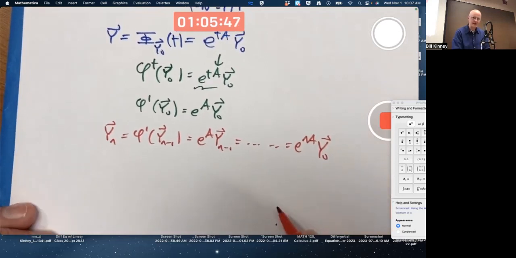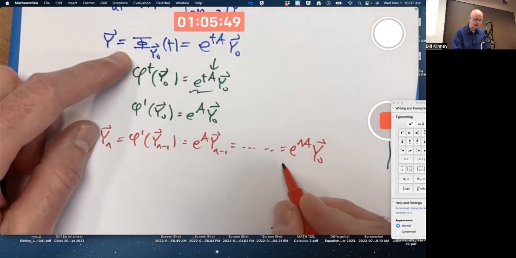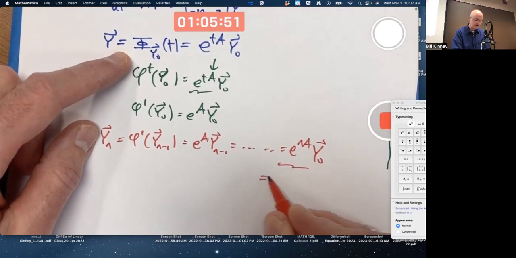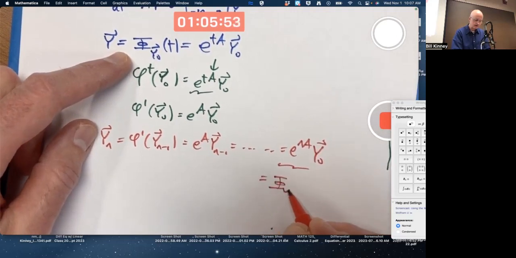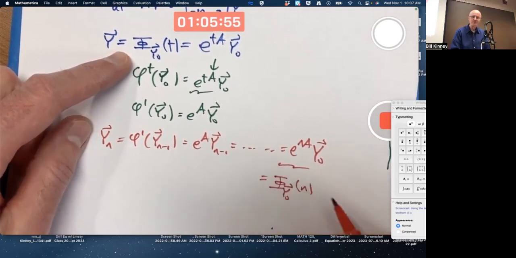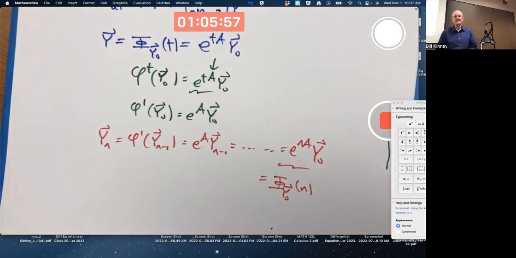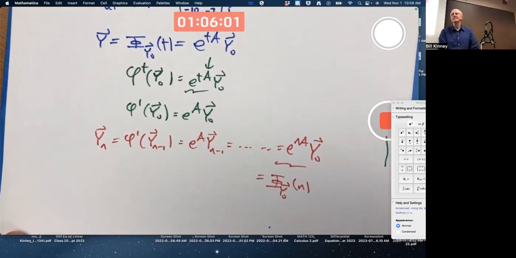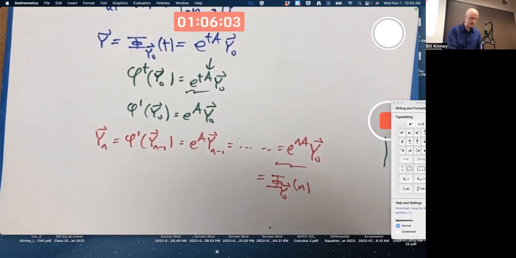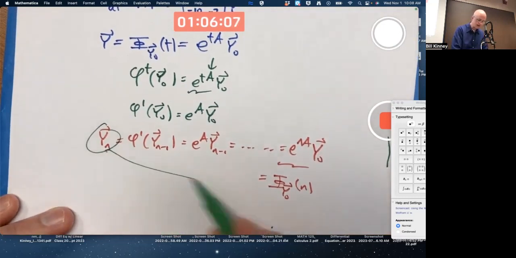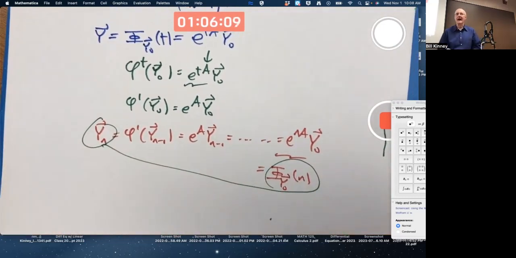And that is the same as the solution of the differential equation at time n. It happens in this situation with a linear system that these two things will be equal in the end. That happens with linear systems because of this. This is effectively the reason it happens.